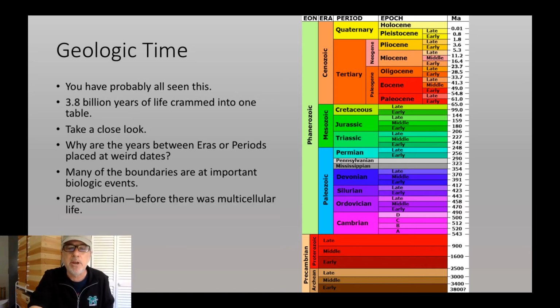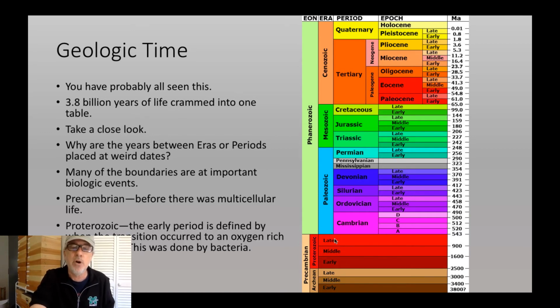The Precambrian, which is this eon right here, is the history of life before there was multicellular life. And this boundary is the evolution of multicellular life. The Proterozoic, so this early period down here, is defined by the transition that occurred to an oxygen-rich atmosphere, and that was carried out by bacteria. And so these boundaries are created by biological events in many cases.